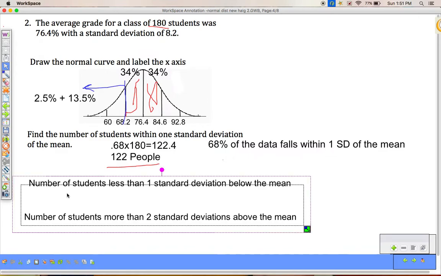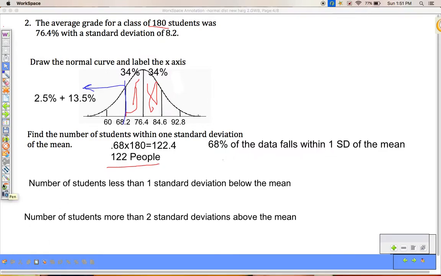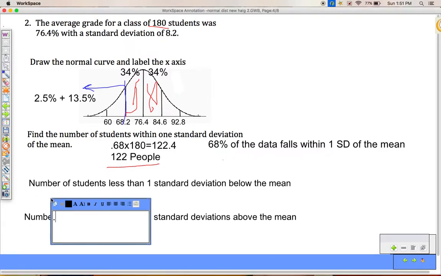So I'm going to take 16% times my 180 students, and I'm going to get 28.8, which we're going to say is 29 students.